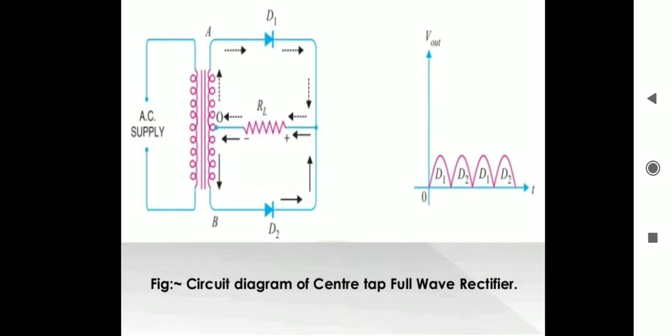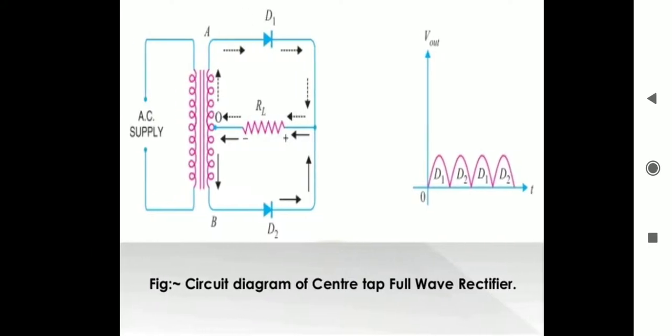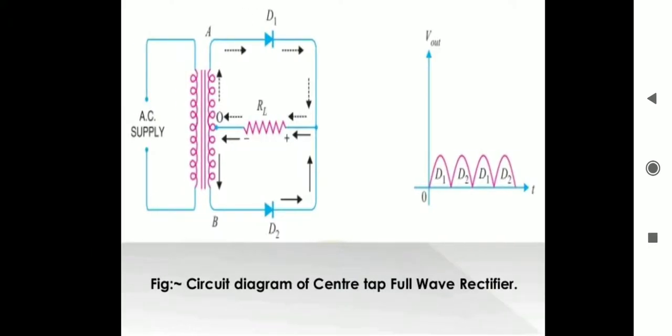As shown in the figure, the primary winding of the center tap transformer is applied with AC voltage, and the two diodes are connected to the secondary of the transformer. Again, we are going to see the operating principle.